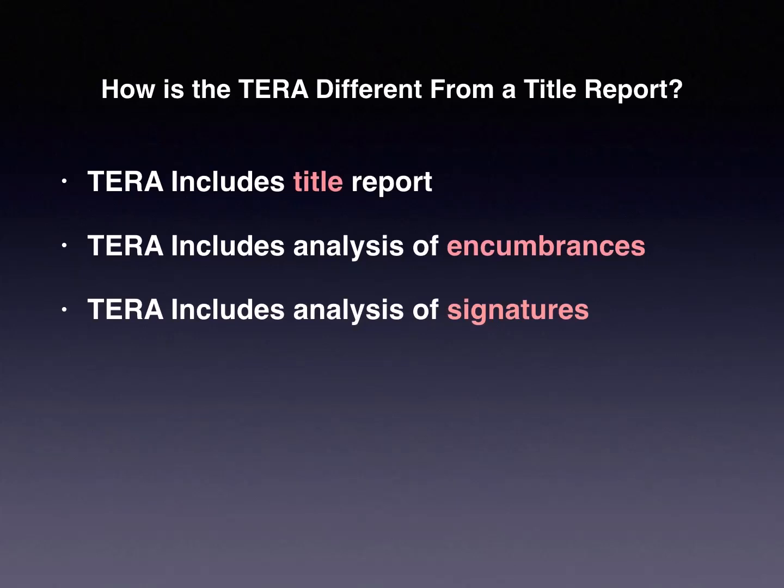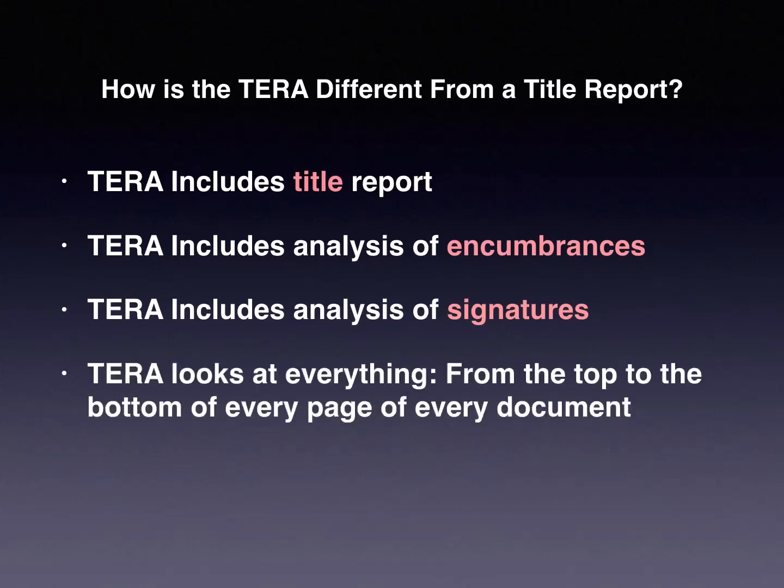And some things that might seem obvious may not be exactly the way you think it is. Sometimes we uncover significant breaks in the chain of title just from the signature block.